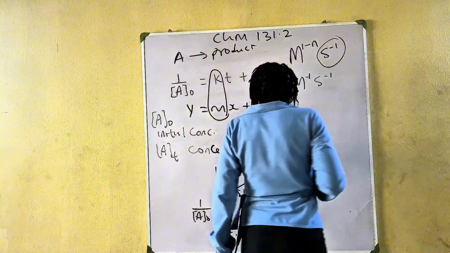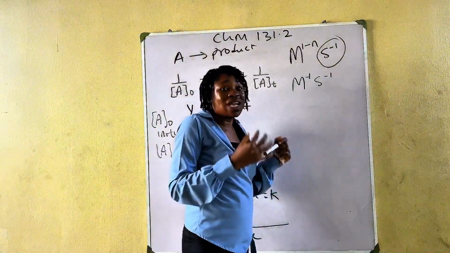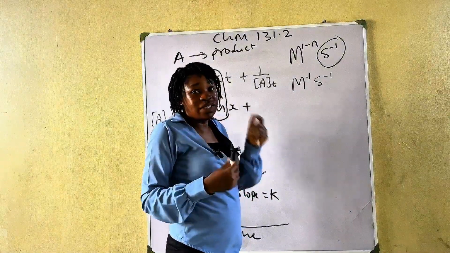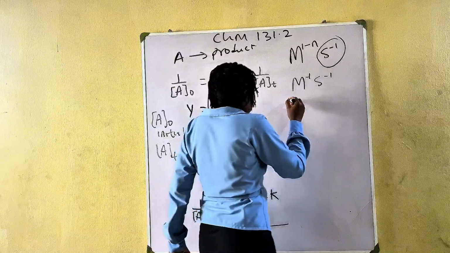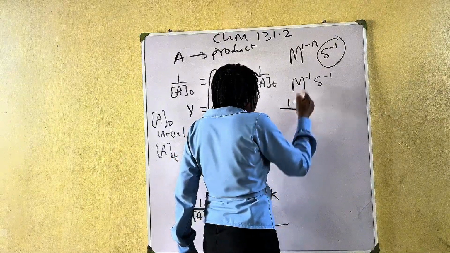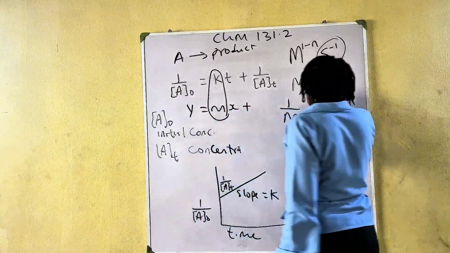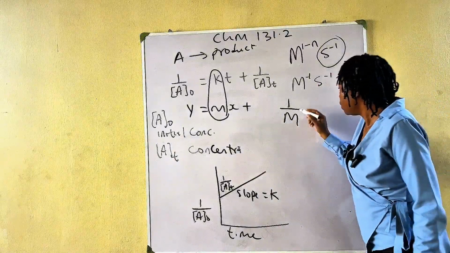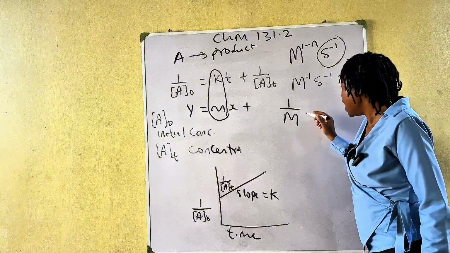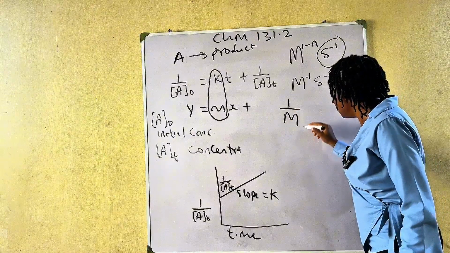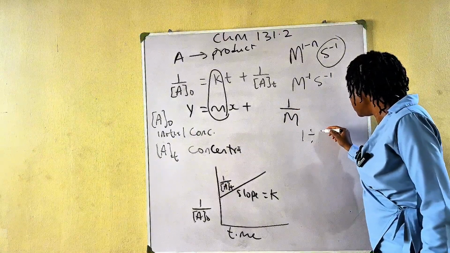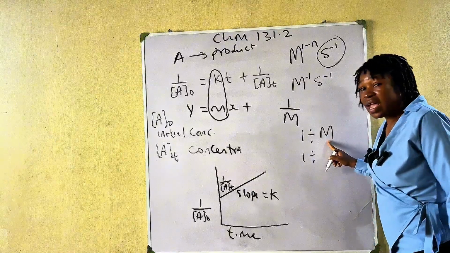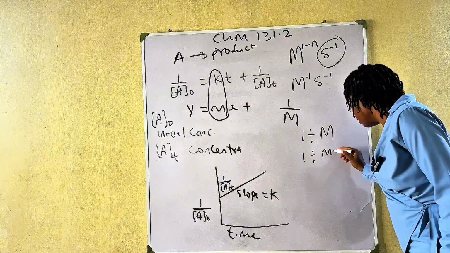What if the question requires the unit in mole per liter, not just this M, mole per liter or mole per dm cube? So this is 1 over M, and I'll put the seconds at the end. 1 over M is 1 divided by what is M? Mole per liter.